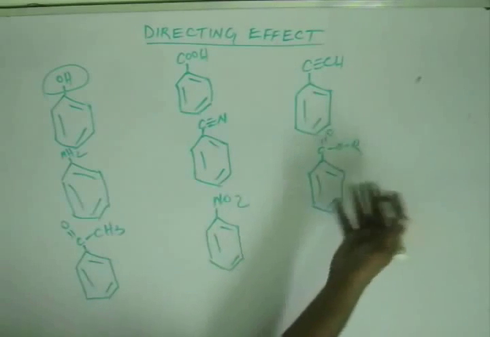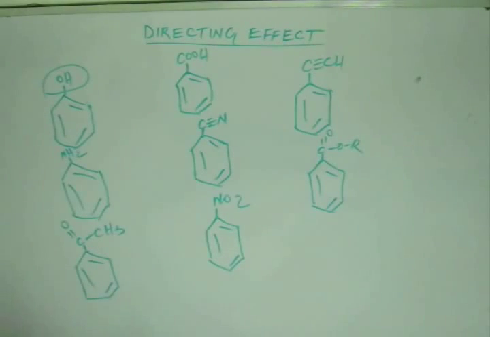Or we have an ethynyl group on benzene, or we have an ester group on benzene. So in these compounds you have to find, if a new electrophile is added on this substituted ring, where that electrophile ought to go, at ortho para position or meta position.